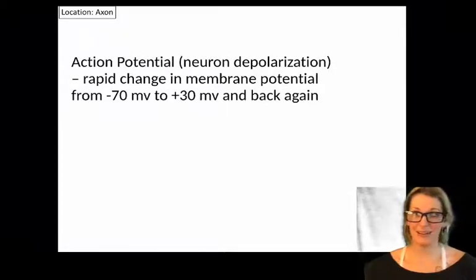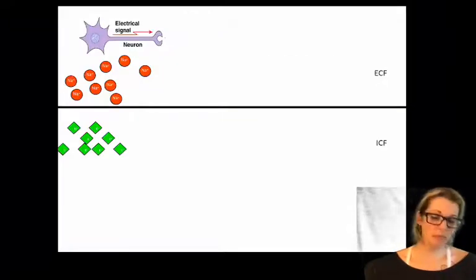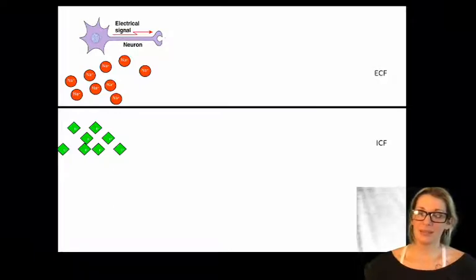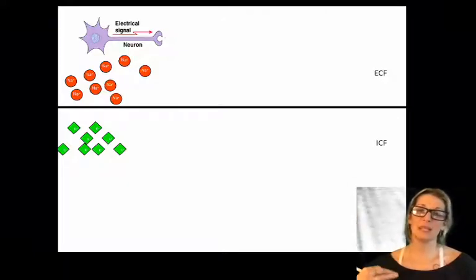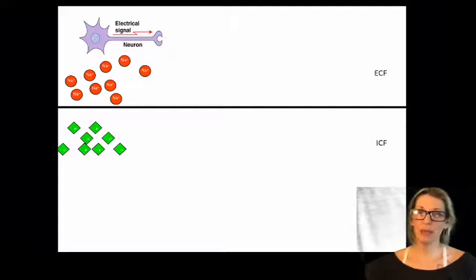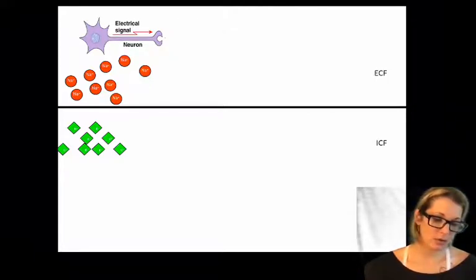So how do we get there is the question. We already established that we've got more sodium on the outside of the cell than we do potassium inside of the cell. Just to pull back from our memory, stop and remind yourself, how did we get here?